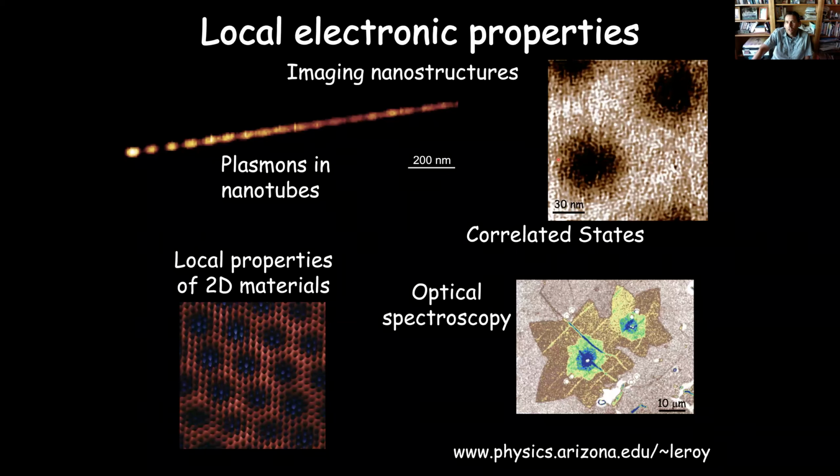This is a superconductor, imaging vortices in it in a heterostructure. We also do optical spectroscopy measurements to try to understand electronic properties through optical measurements. This is looking at some graphene flakes, different optical properties of it. You can see different colors corresponding to different absorption levels in there.